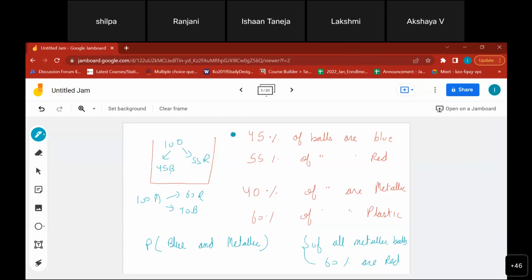Out of the 40 metallic, 40% is blue. So 40% of 40 metallic. It is 45 totally blue, no? So 40 out of 45 blue.